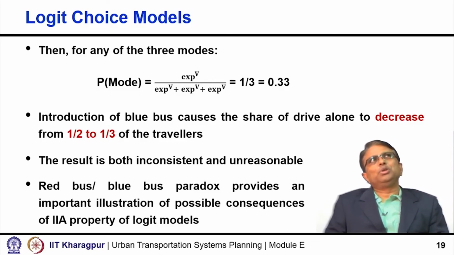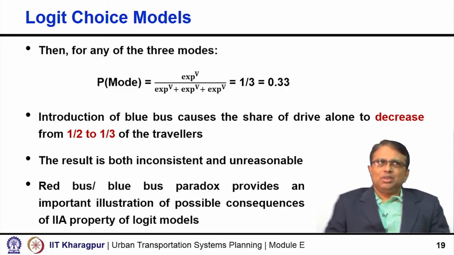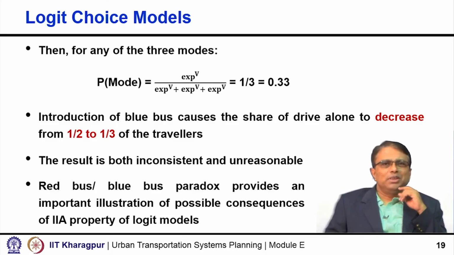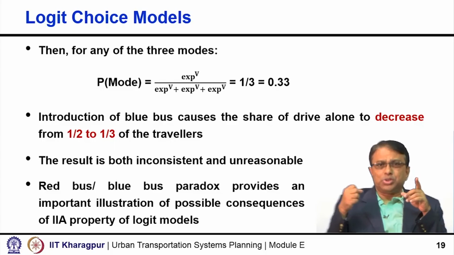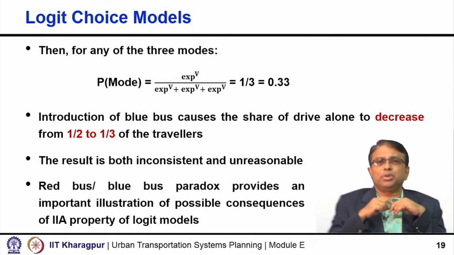Whenever you bring in another alternative, the original ratio of the probabilities of any two alternatives will remain unchanged. So, what happened in this case is controlled by the IIA. An equal proportion of shift will happen from the two modes to the third mode.